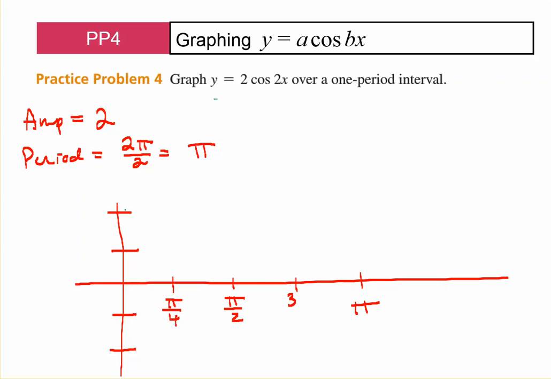Notice what I'm doing. I'm breaking up into 4 different pieces. I know what each piece is going to do. First of all, I'm going to start off high at 2. That's what a cosine does. A quarter of the way through, it's going to hit a 0. Then it's going to hit a low point. Halfway through, it's going to start climbing back up and eventually get over to 2 as it gets over to pi.